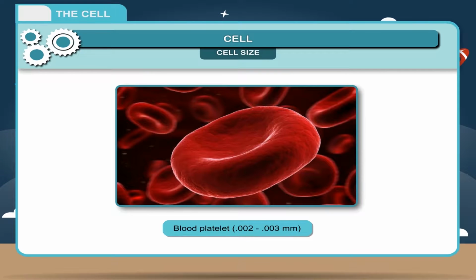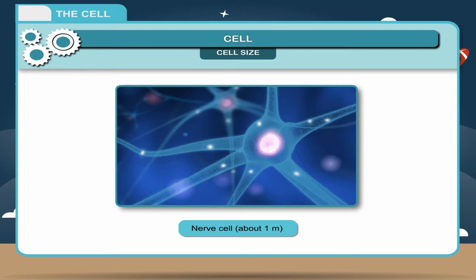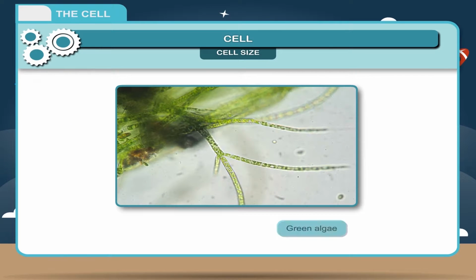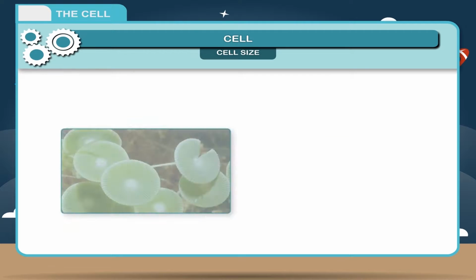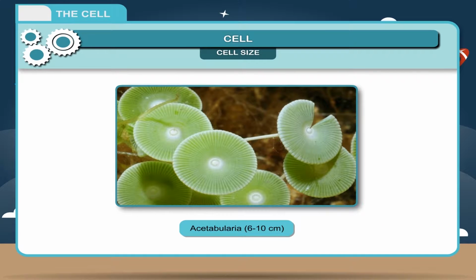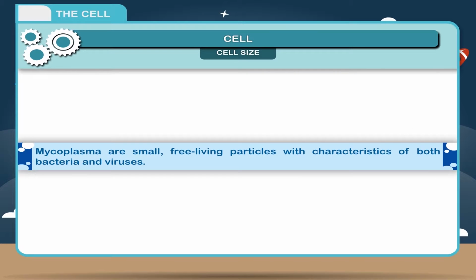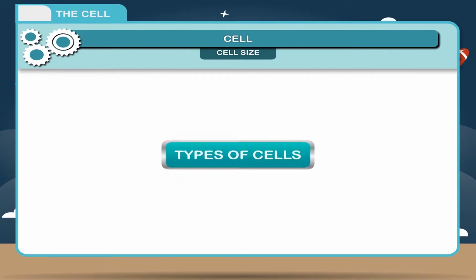The smallest cell of the human body is the blood platelet, 0.002 to 0.003 millimeter, while the largest sized cell is the nerve cell, about 1 meter. In plants, the largest cell is of green algae, Acetabularia, which measures about 6 to 10 centimeters. Mycoplasma are small, free-living particles with characteristics of both bacteria and viruses.